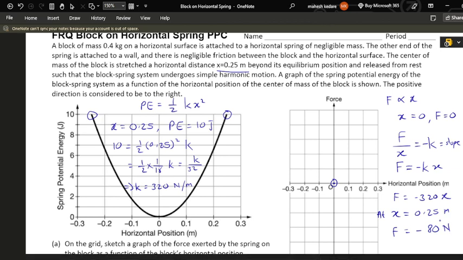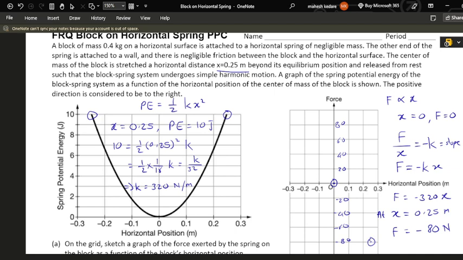Now you can choose a scale for force: 20, 40, 60, 80, minus 20, minus 40, and so on. So the second point corresponds to x equal to 0.25 and force equal to minus 80. 0.25 is here.